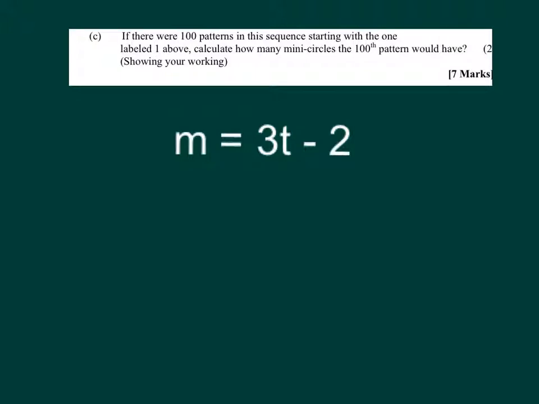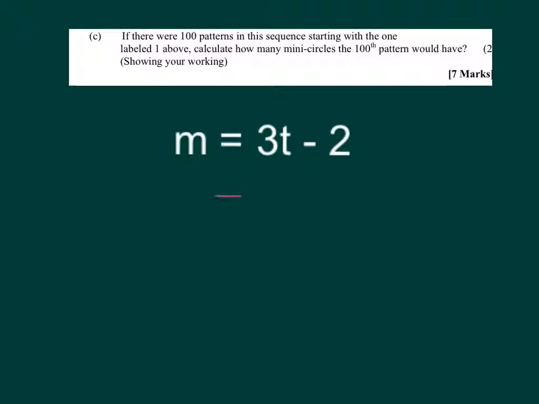Question C. If there were 100 patterns in this sequence, starting with the one labelled 1 above, calculate how many mini-circles the 100th pattern would have. Show your working. This question is asking us to determine the number of mini-circles the 100th term will have. We do this by substituting into our determined formula from the previous question.